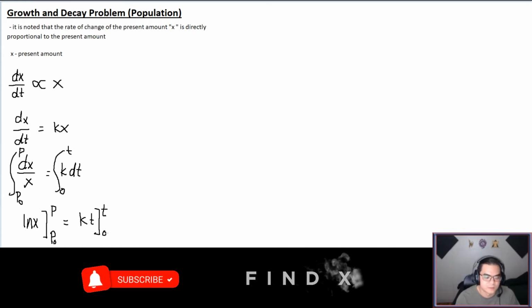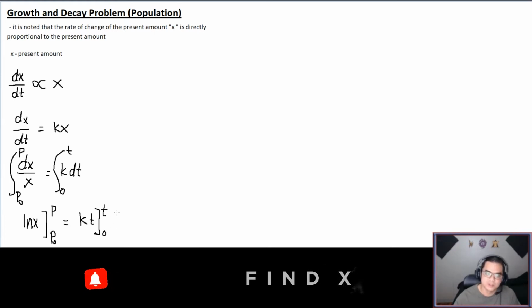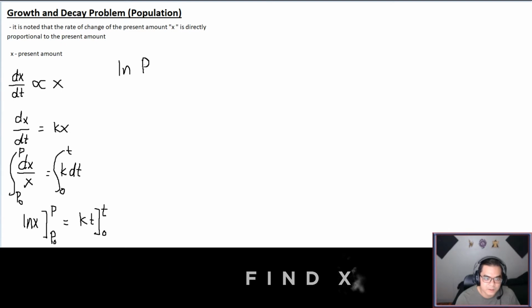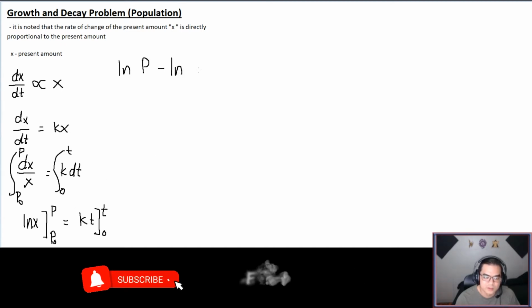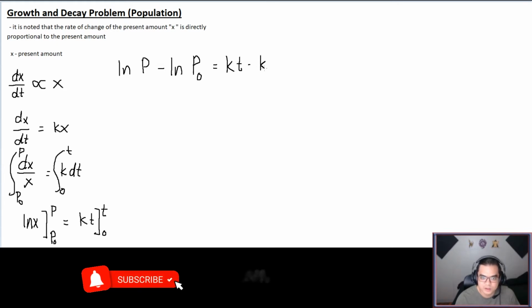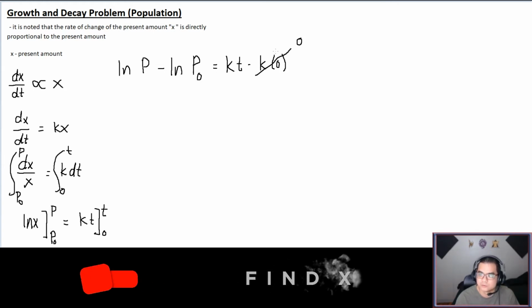Continuing, we now apply the limits. Applying the limits, you'll have ln p, the upper limit, minus ln p0, the lower limit, equal to k times t, the upper limit, minus k times 0, the lower limit. Of course, this will just be 0, because any number multiplied by 0 is 0.